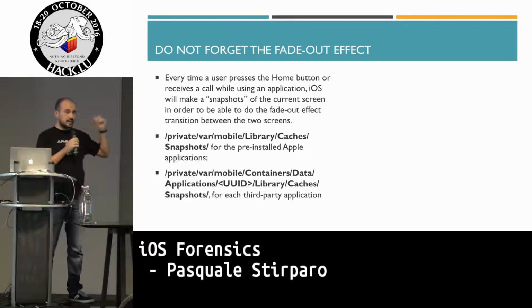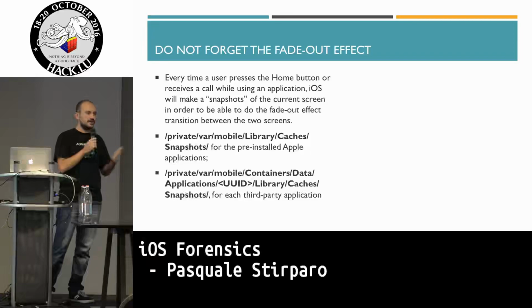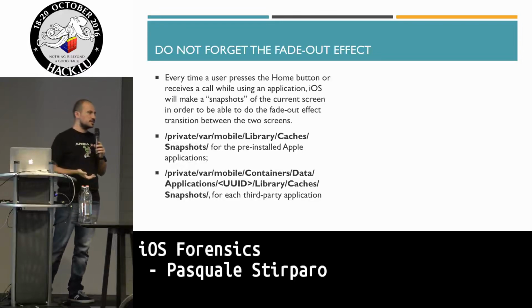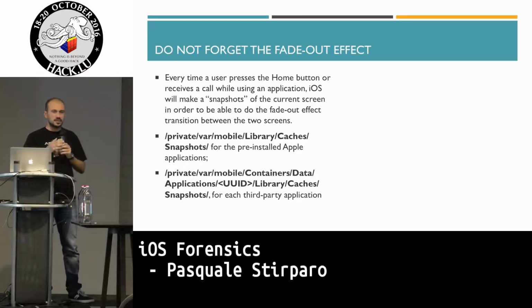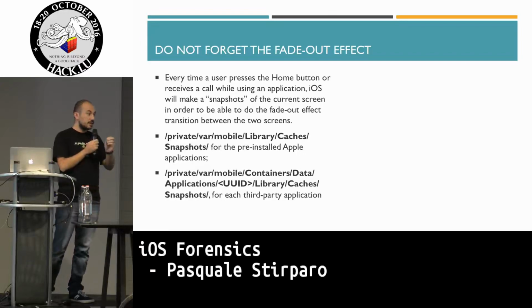Another relevant feature of iOS, useful for the example we'll see later, is the fade-out effect. For those who use iOS devices, you know that when you're using an application and suddenly you receive a call or push the home button, the transition between the two screens works because iOS makes a screenshot of your current screen and then does the fade-out from the PNG it just generated.